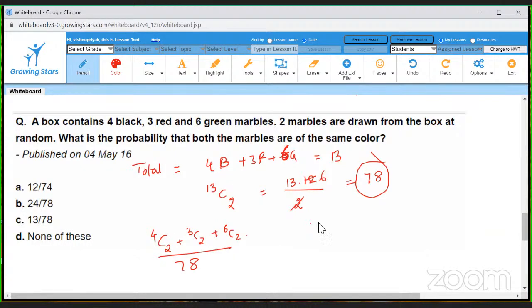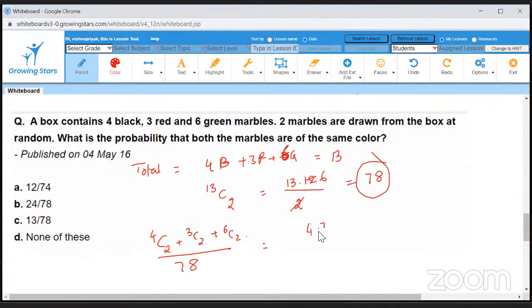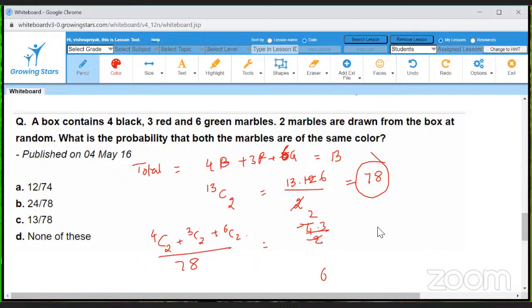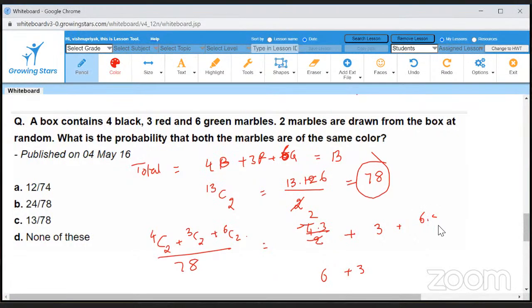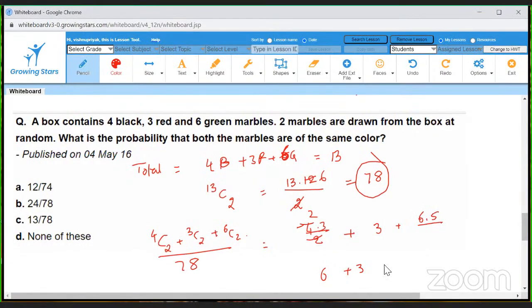4C2 is 4 into 3 by 2 factorial, and that is 6. Plus 3C2, which is same as 3C1, which is 3. Plus 6C2: start with 6, take two numbers, 6 and 5, by 2 factorial, so 15.